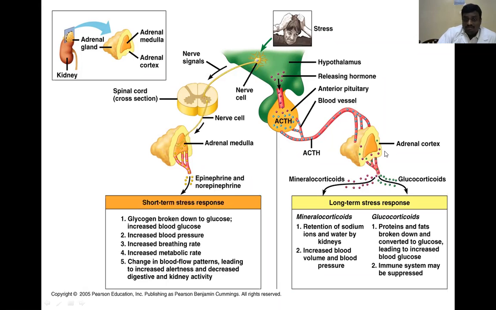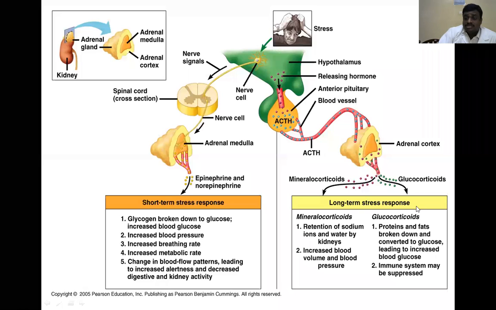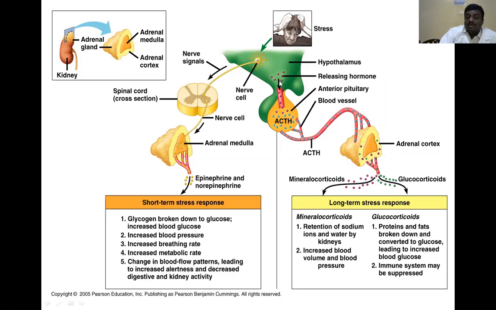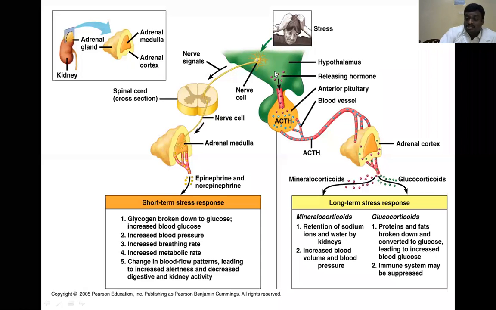Likewise, whenever a long-term stress response is present, these signals reach the hypothalamus, and the hypothalamus releases corticotropin releasing hormone. This corticotropin releasing hormone reaches the blood and is transported to the anterior pituitary gland.